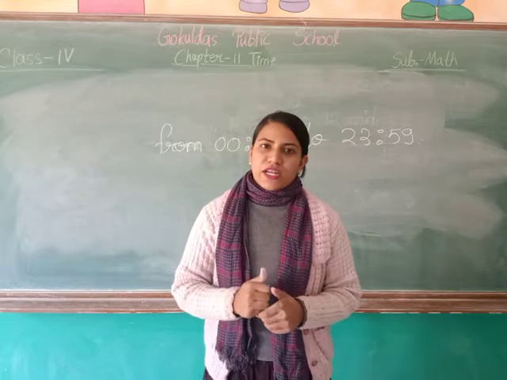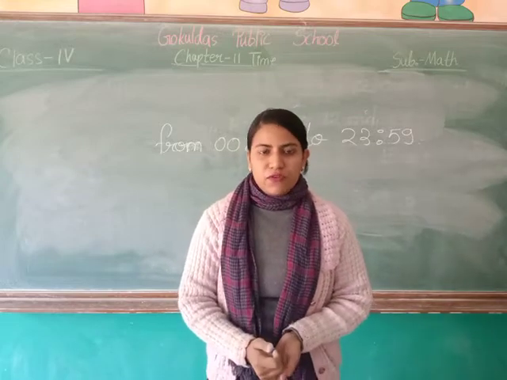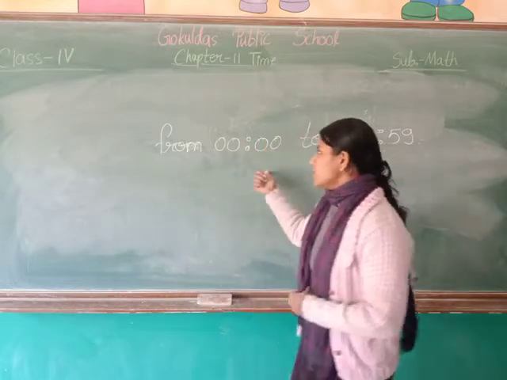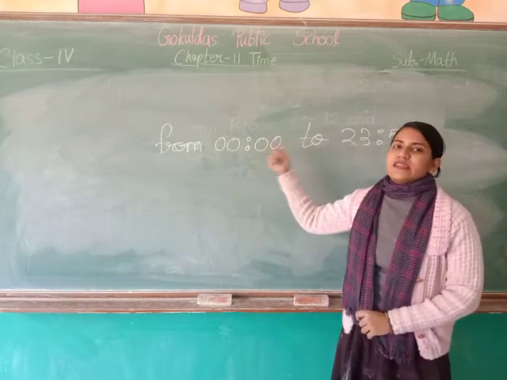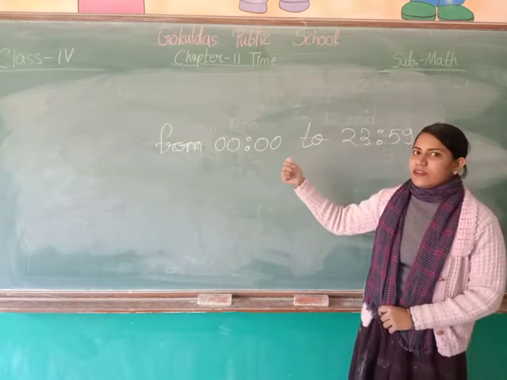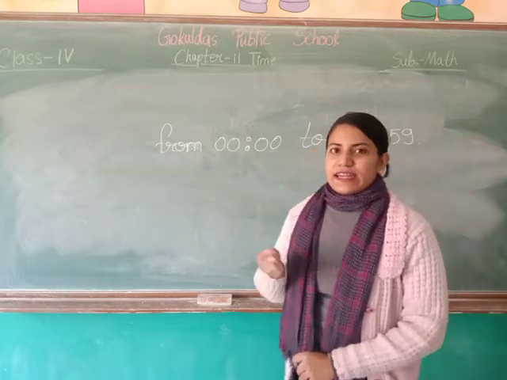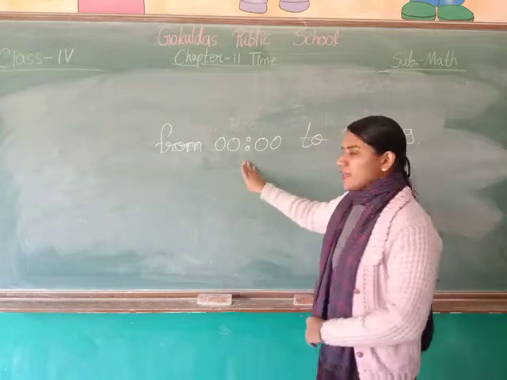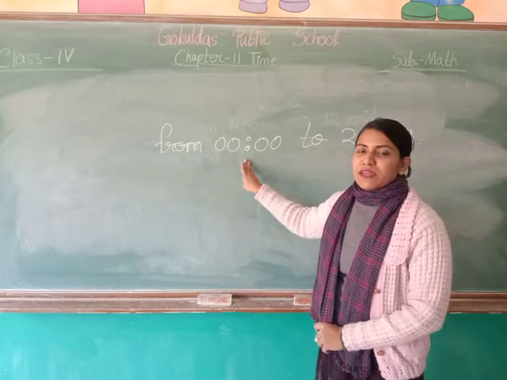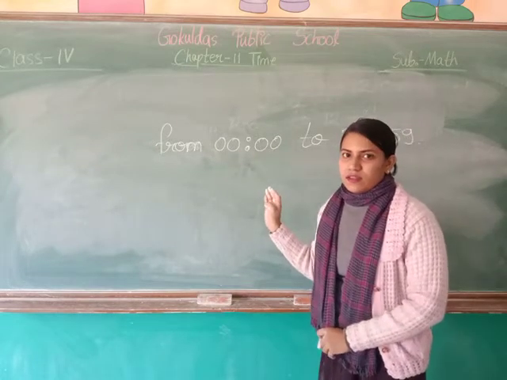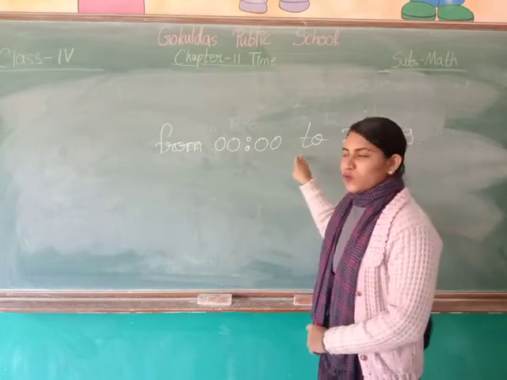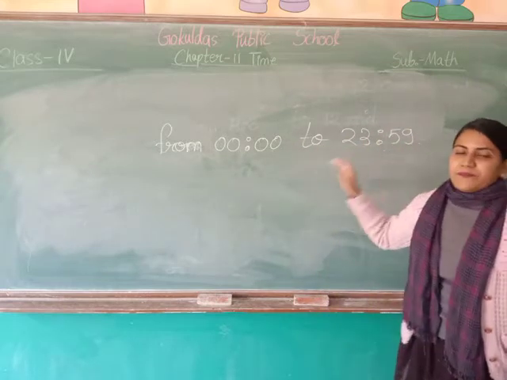So this is what they use at airports and railways to show flight timings and railway timings. They use the timing from 0 to 23:59.